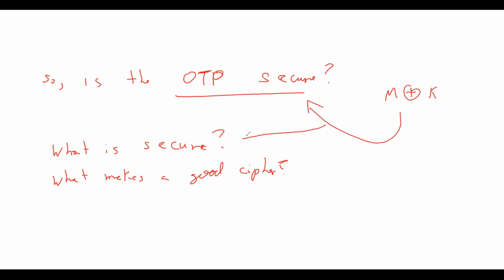And that took us to what is secure? What makes a good cipher? Those are the key things that Claude Shannon needed to establish. And you will see that he came up with a condition that is really interesting. It might not be so intuitive at first when you see it, but that's a definition.